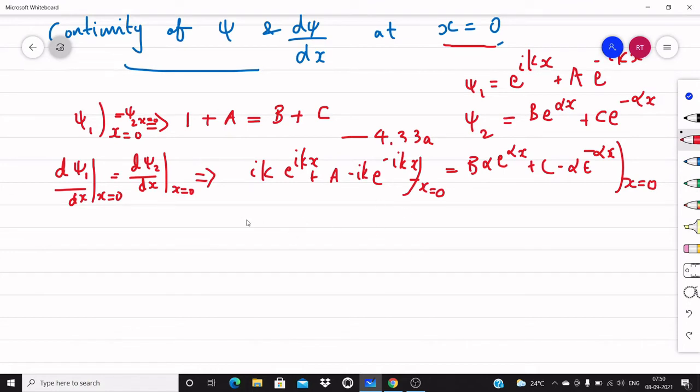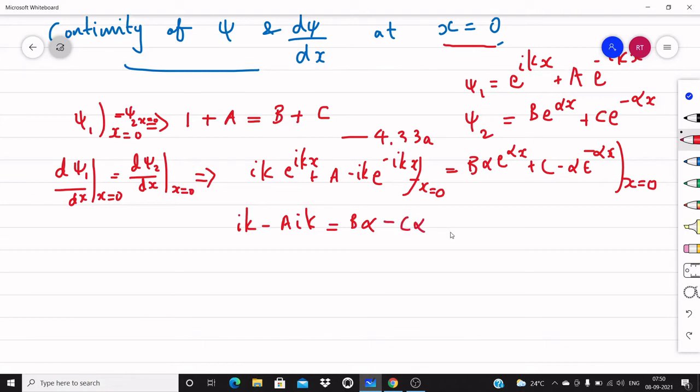Applying x equal to 0, you will have ik into e raised to 0, which is 1, minus a ik, again e raised to 0 is 1, equal to b alpha e raised to 0 minus c alpha e raised to 0.